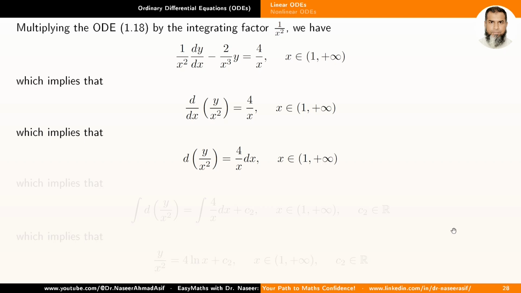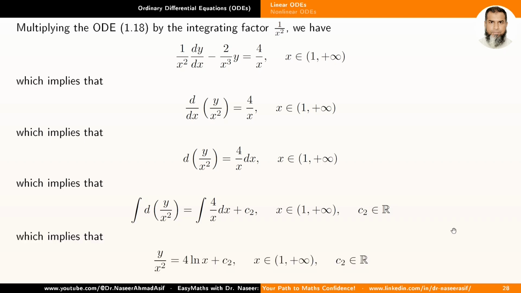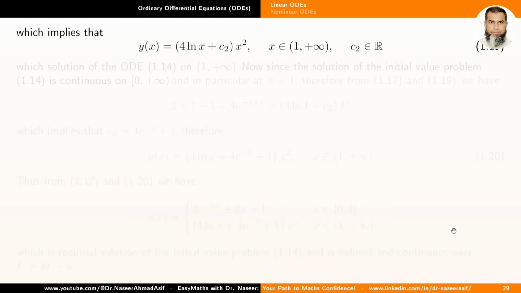Now taking the integral, we have the integral of d(y/x^2) is equal to the integral of 4/x dx plus c2, where c2 is an arbitrary constant. So y/x^2 is equal to 4 log x plus c2. So y is equal to 4x^2 log x plus c2 x^2, where x is in the open interval 1 to plus infinity and c2 is an arbitrary constant, which is the solution of the ODE 1.14 on the open interval 1 to plus infinity.